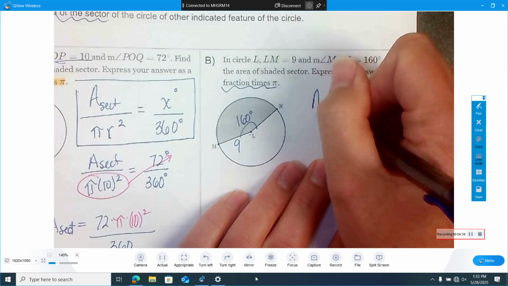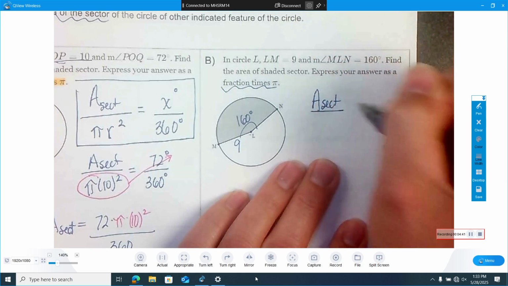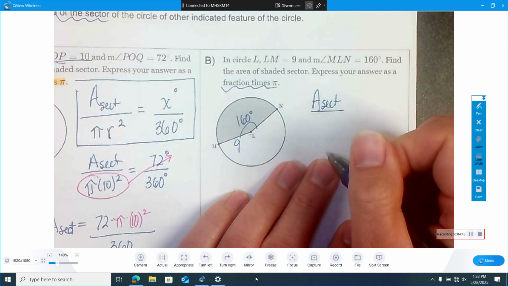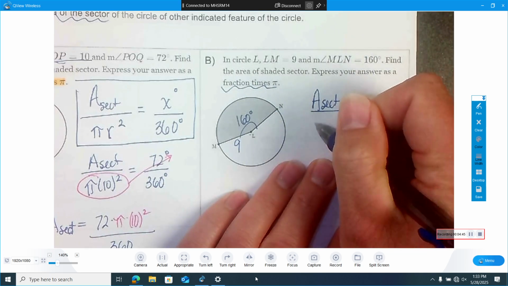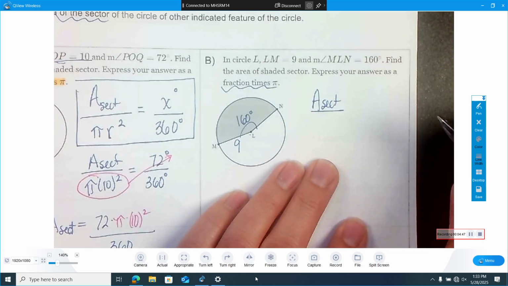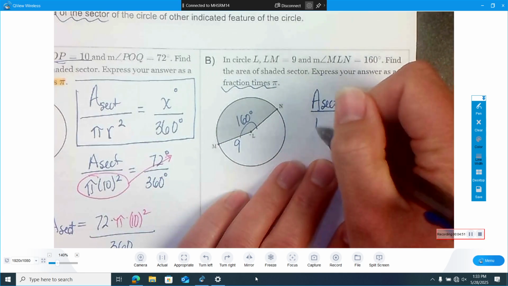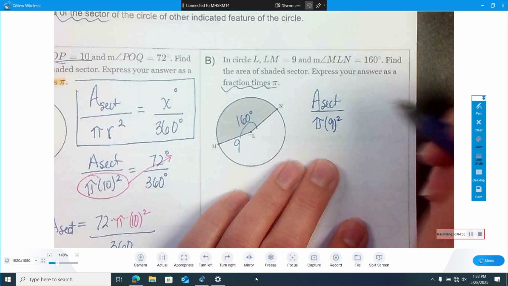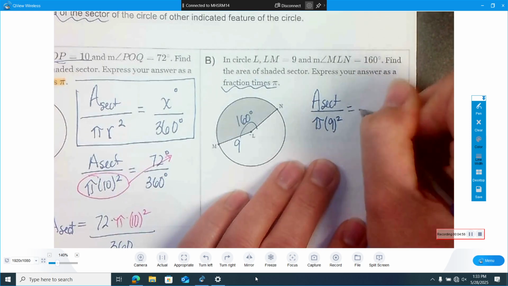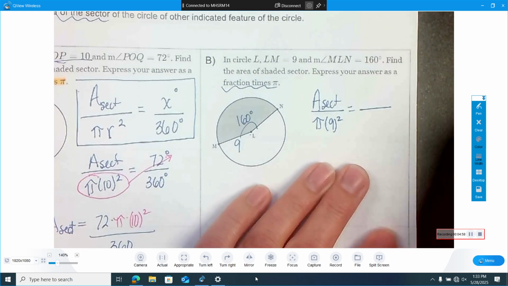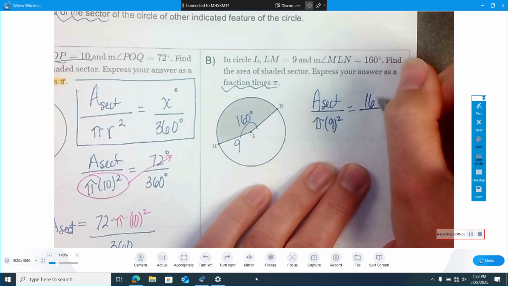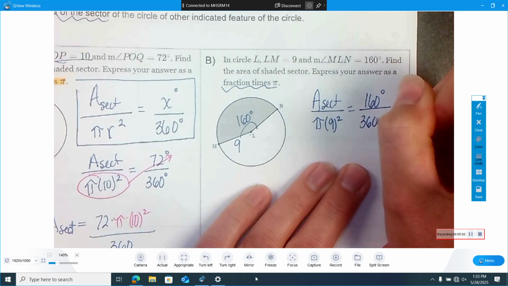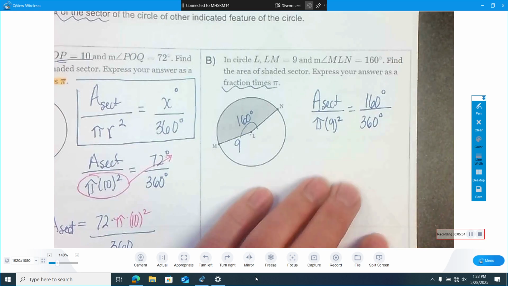So I want to find the area of my sector over, what is our total area? Pi times 9 squared, pi radius squared equals, what's our angle measure? 160 degrees out of the total 360 degrees.